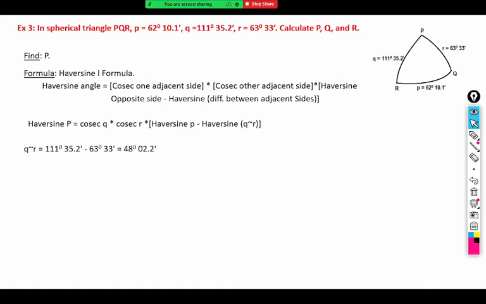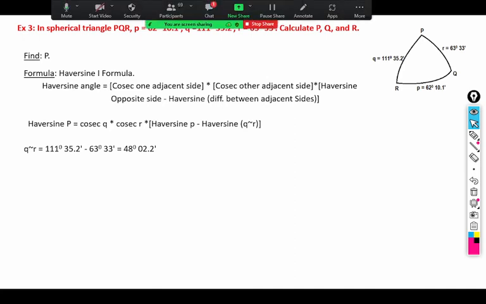Now I will press the equal tab. In equal tab, it shows now 111 degree, 35 minutes, and 12 seconds probably. Okay, no issue. Minus 63 degree 33 minute, and then I press equal.